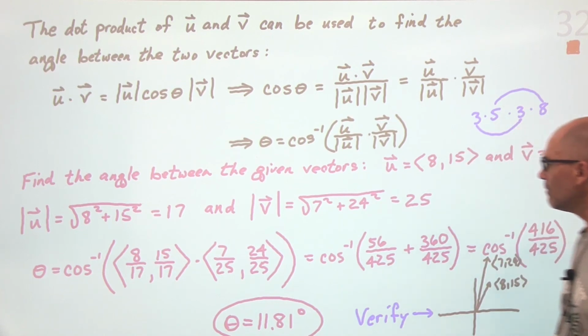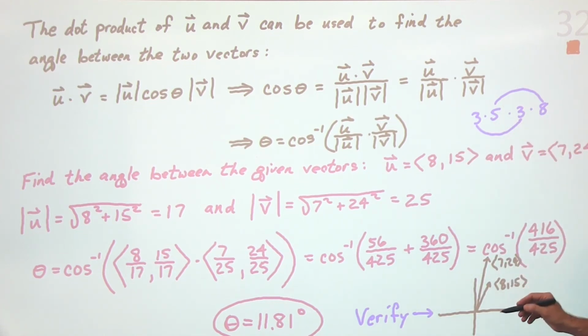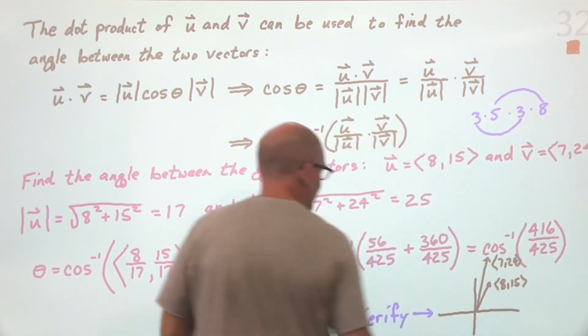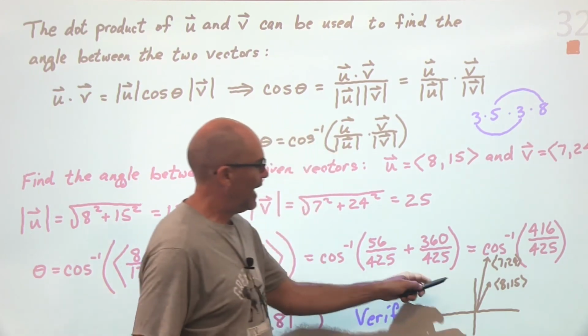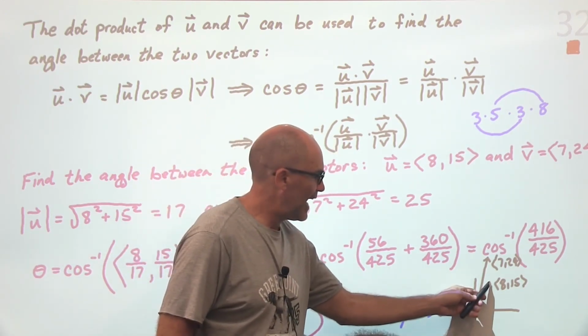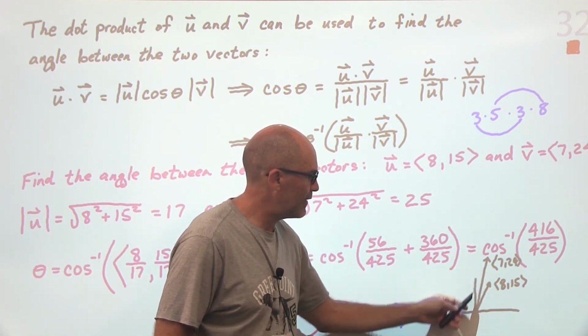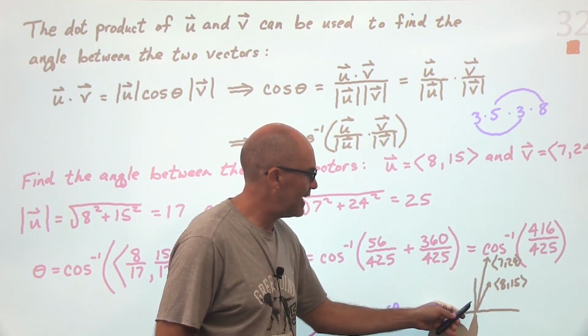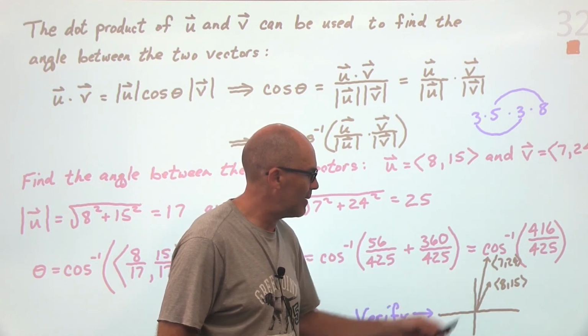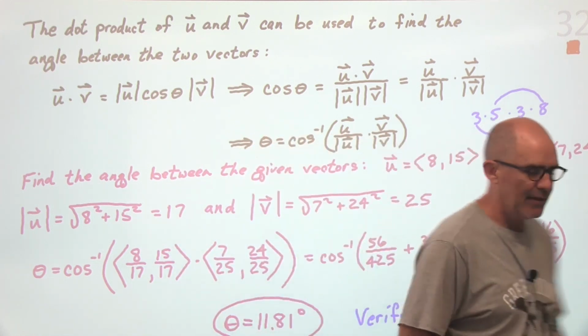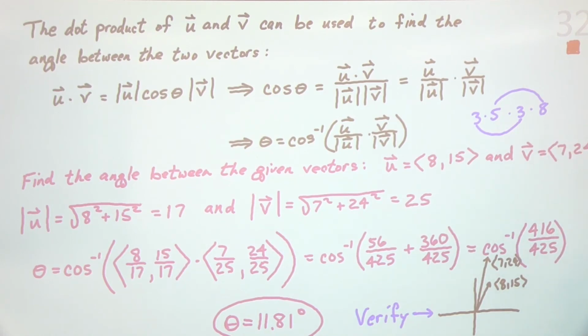Now, if we want to verify that, we could put those two vectors on a graph. Here's vector 8, 15, and here's vector 7, 24, and what we're trying to get is the angle in between them, and clearly 11.81 degrees is reasonable.